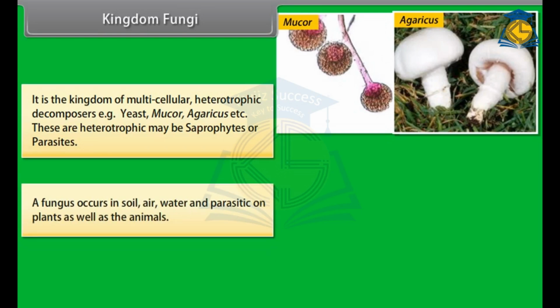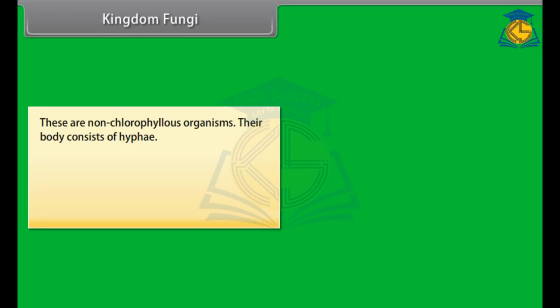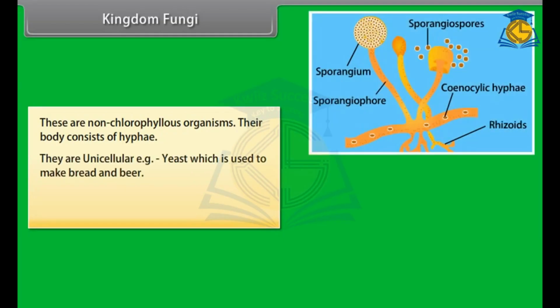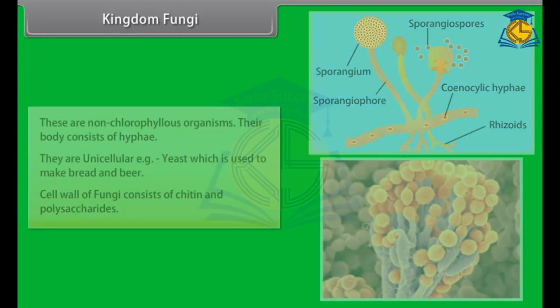A fungus occurs in soil, air, water, and is parasitic on plants as well as animals. These are non-chlorophyllous organisms. Their body consists of hyphae. Some are unicellular, for example yeast, which is used to make bread and beer. The cell wall of fungi consists of chitin and polysaccharides.